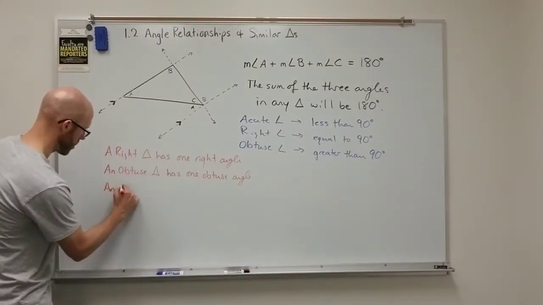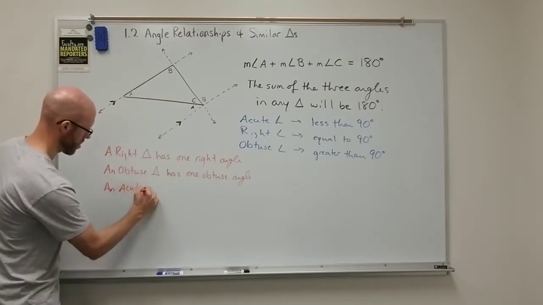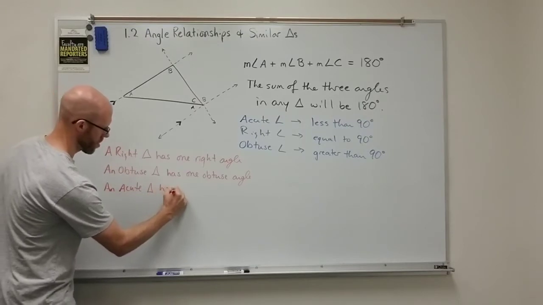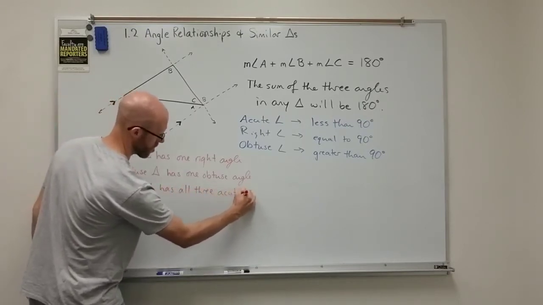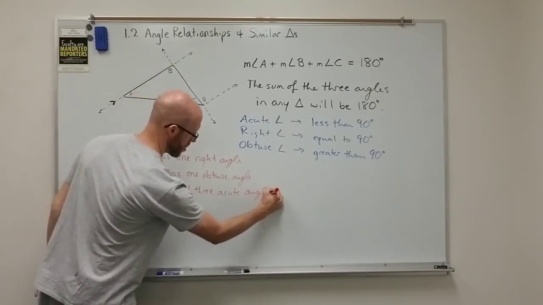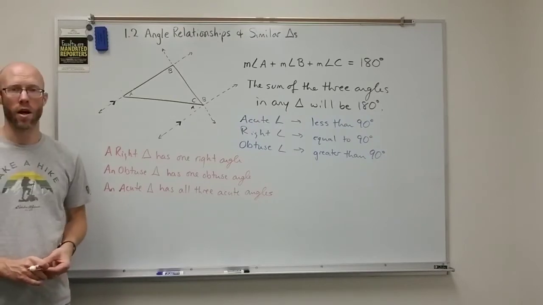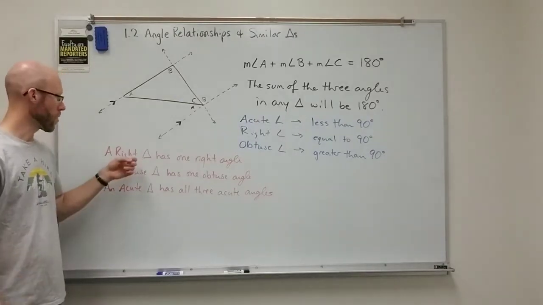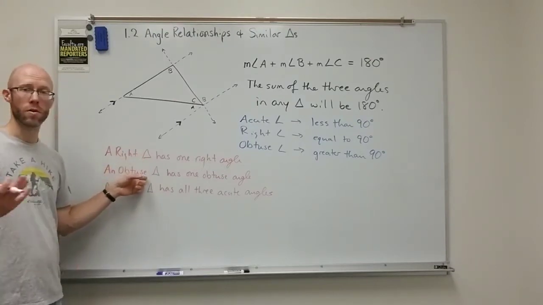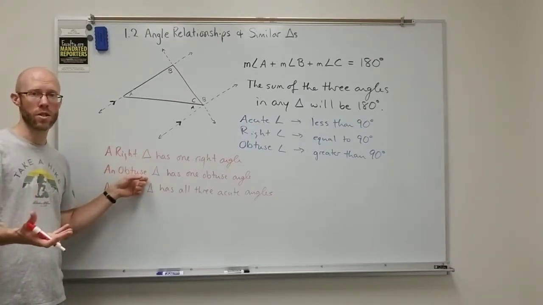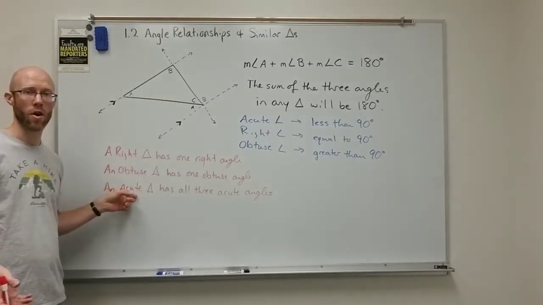So, there it is. An acute triangle has all three acute angles, okay? Now, in a right triangle, you're going to have a right angle and two acute angles. In an obtuse, you have an obtuse angle and two acute angles. So you always have at least two acute angles. But in an acute triangle, you have all three of them acute.